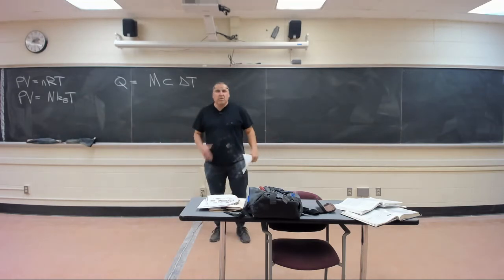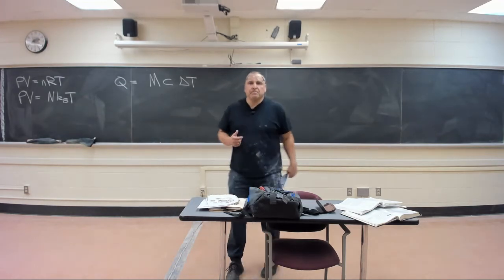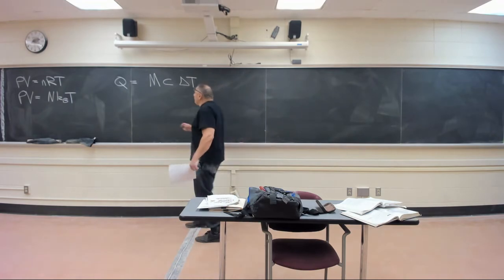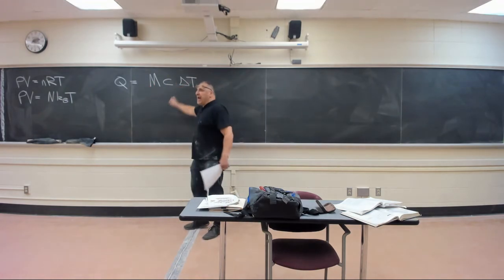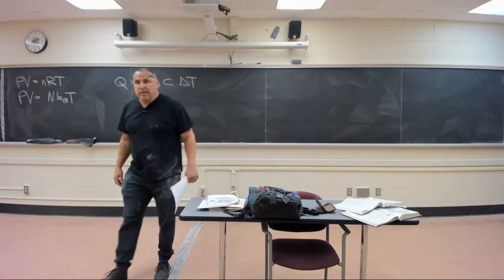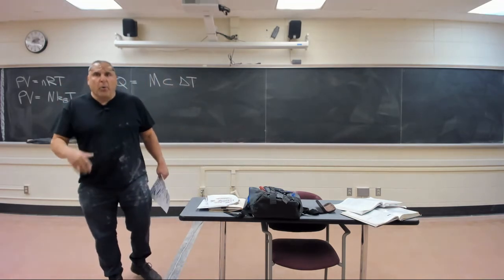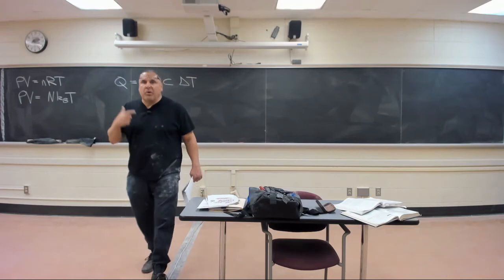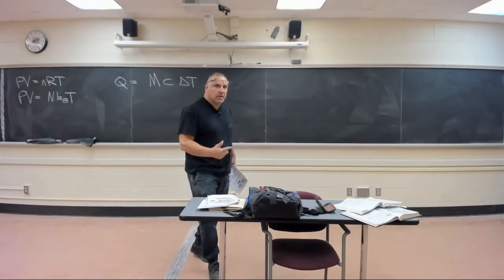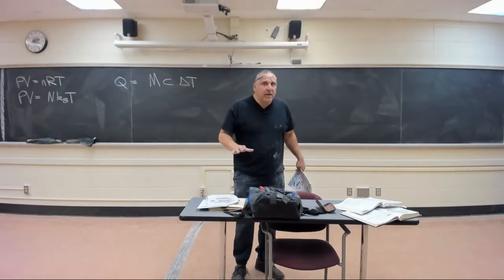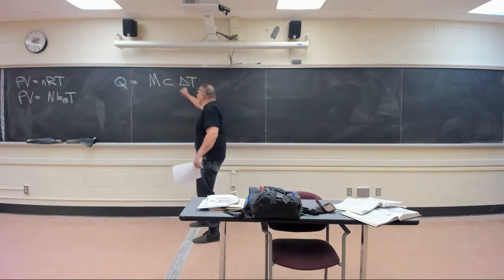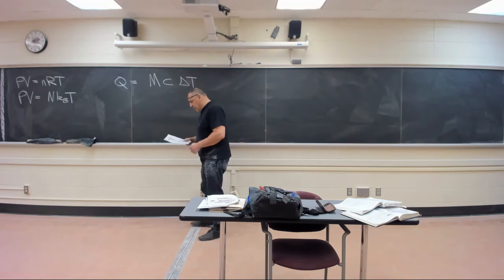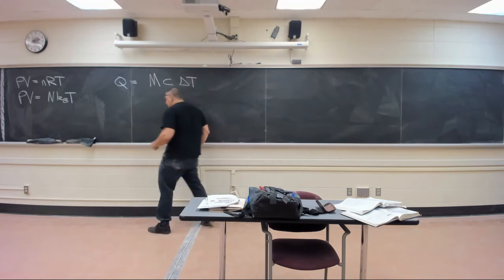Is this believable? To me, it is. If something is very, very massive and you want to change its temperature greatly, both of those mean you need a tremendous amount of heat put into it. Very massive, by a great amount of temperature. And that's a specific heat capacity.